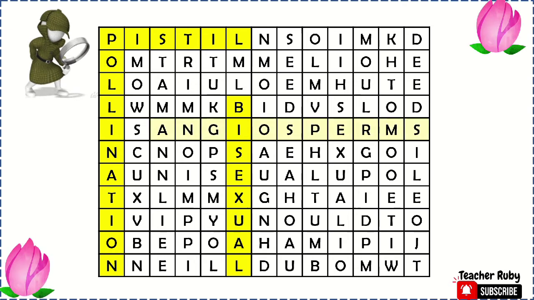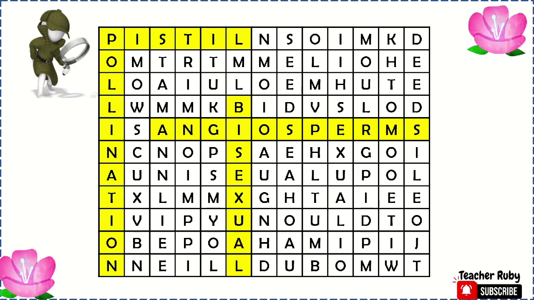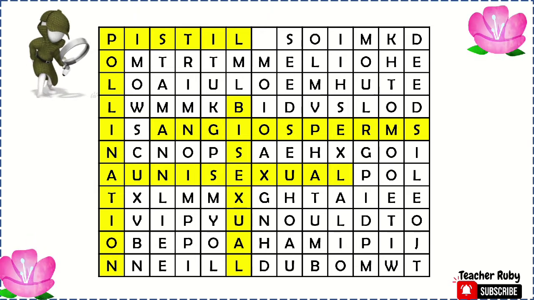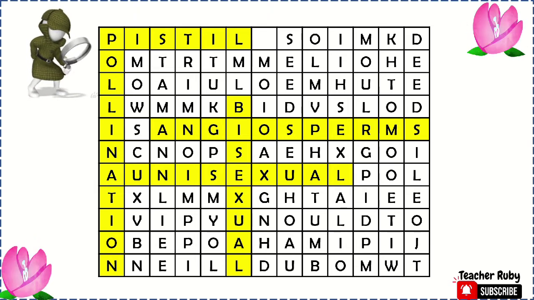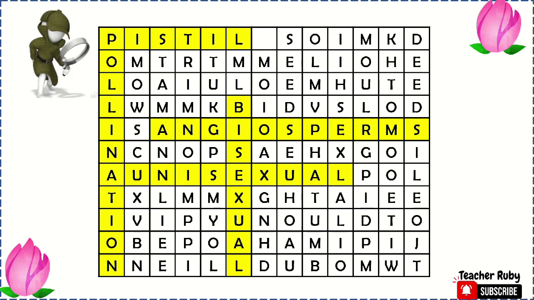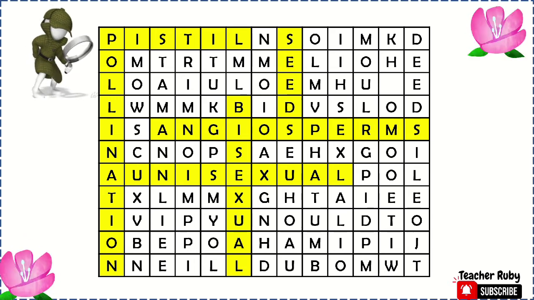Next, we have angiosperms. Angiosperms are called flowering plants. Next, we have unisexual. These are flowers that possess either male or female reproductive parts. And the last one is seeds. So what are seeds?